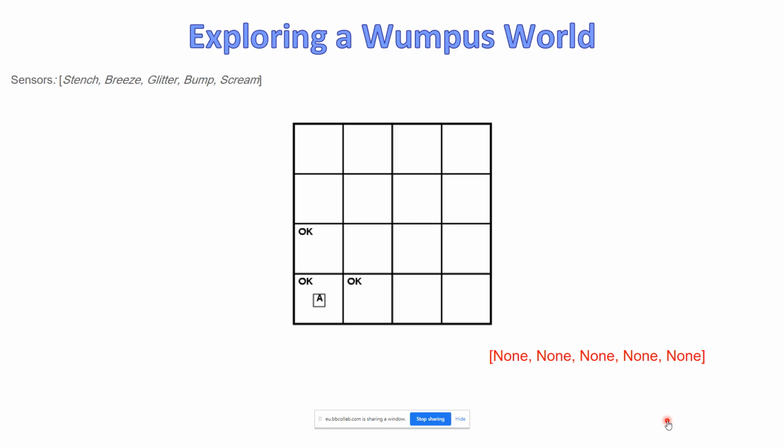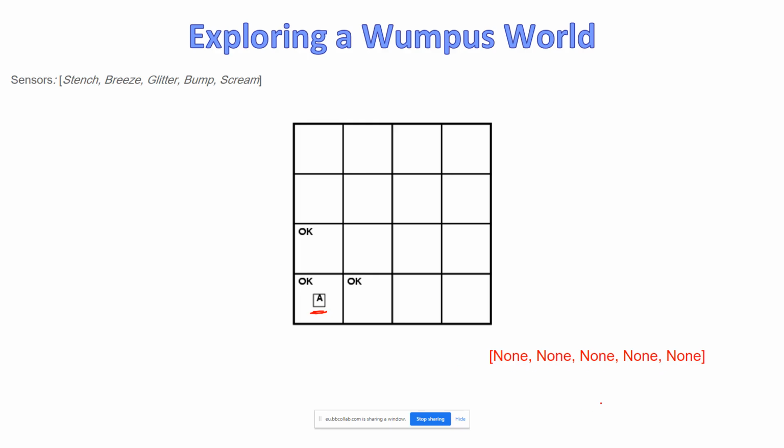Not today, probably next lecture, but keep in mind that the rules are in the knowledge base now. Now, if we start in this room, we assume that we got these 5 percepts.